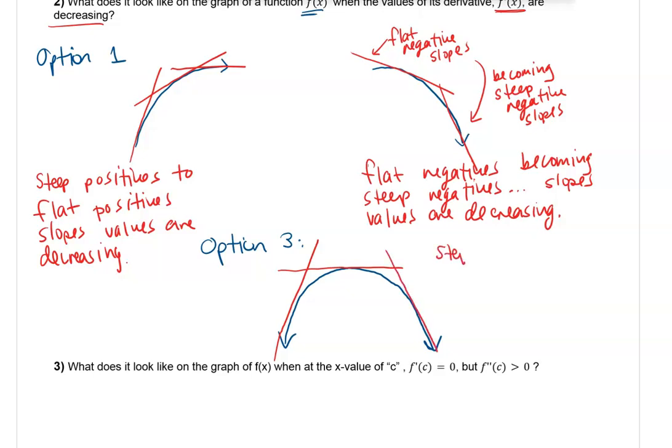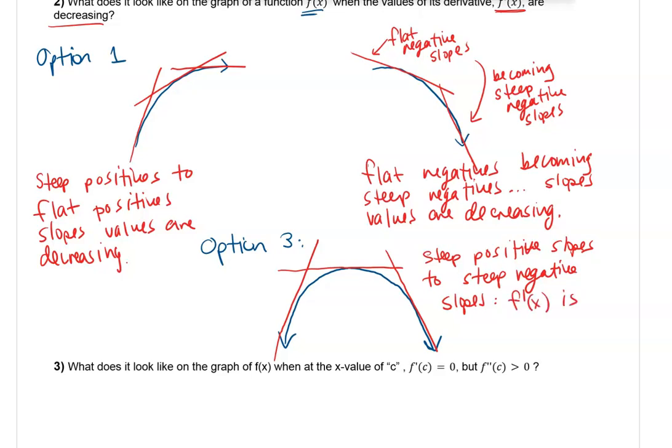So it could go from steep positives to steep negatives. That's again steep positive slopes to steep negative slopes. And that again would be what it looks like when your first derivative is decreasing.